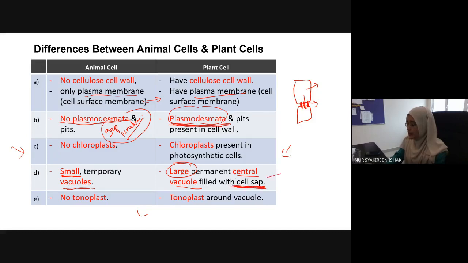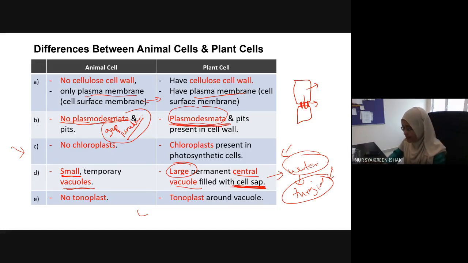This is to make sure that the central vacuole can store water, for example, so that the plant cell is always in the turgid condition. The normal condition for plant cell is turgid. In order for the plant cell to be turgid, they have to store water in the central vacuole. So that's why the central vacuole is large.